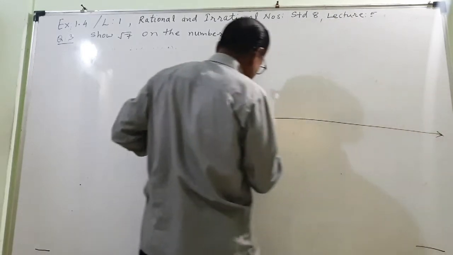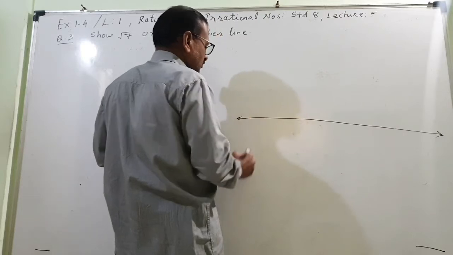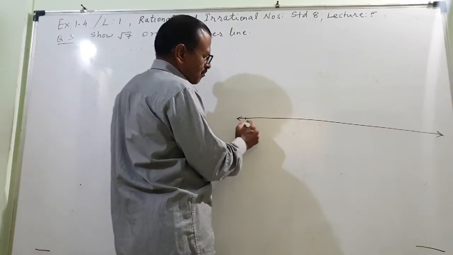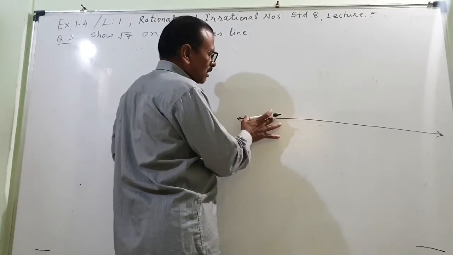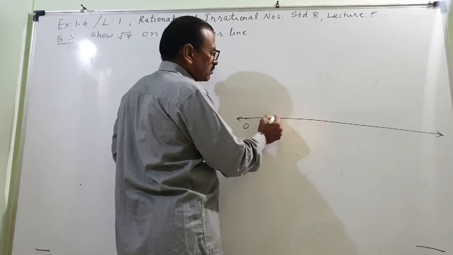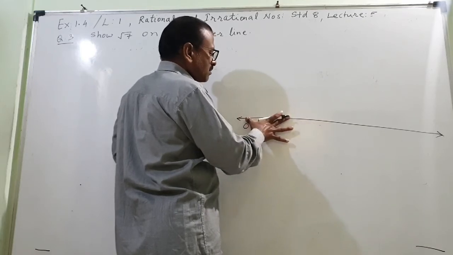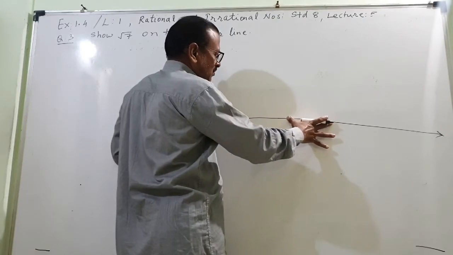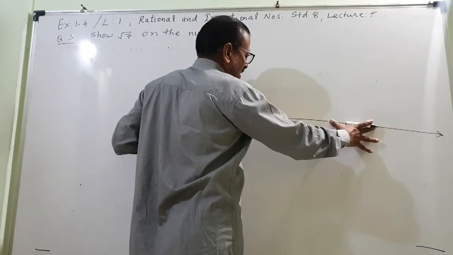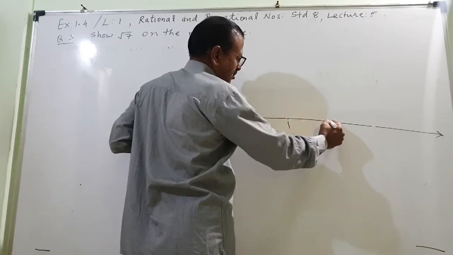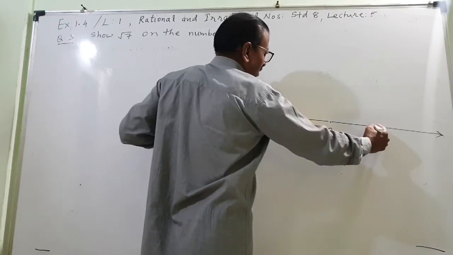This is a number line. From here I will take 0. Then this will be 1, this much distance I will take 1, this much distance 2, and this will be 3.